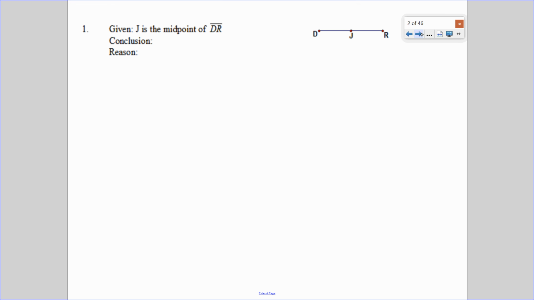So, a midpoint. A midpoint is exactly what it sounds like. A midpoint is a point that's directly in the middle of a line segment.